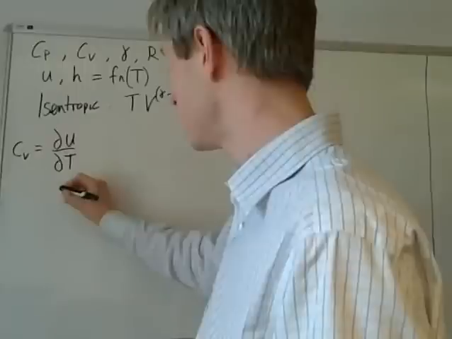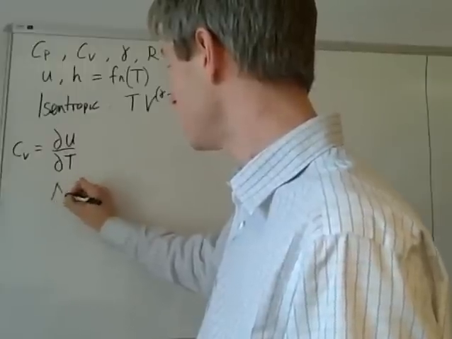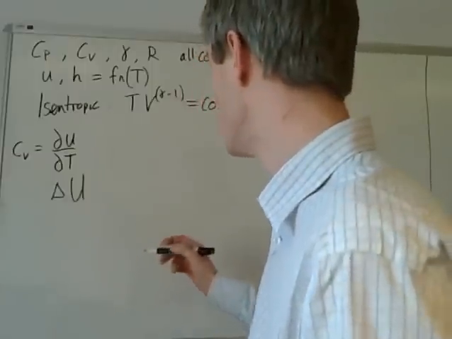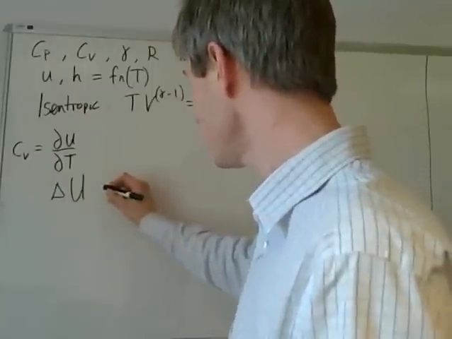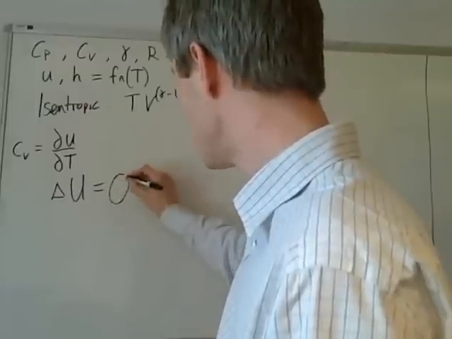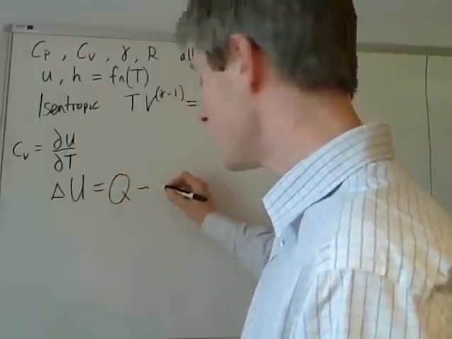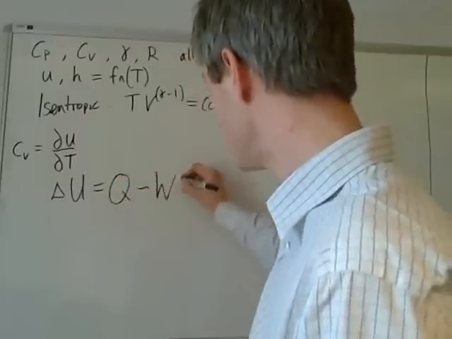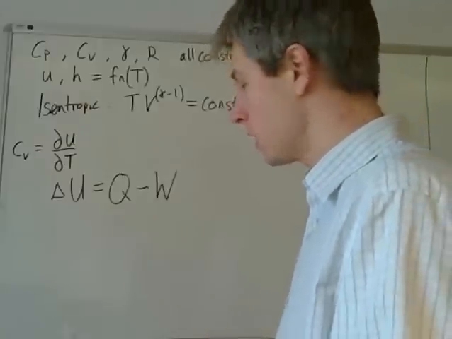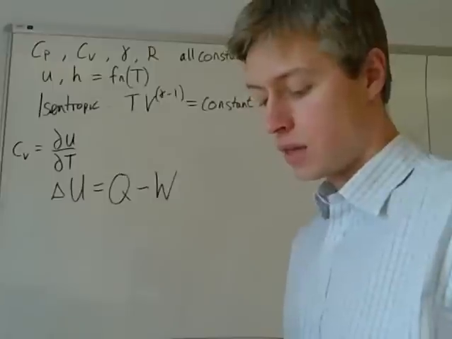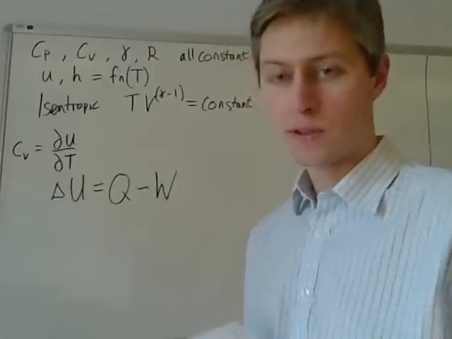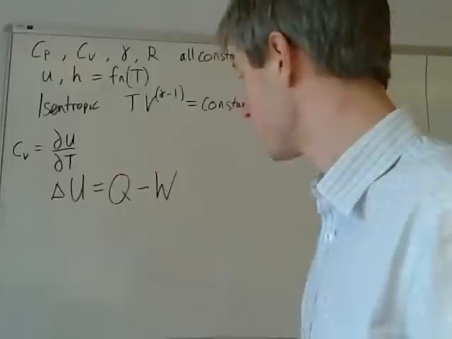So the first law says that delta U, where this is a big U for the total internal energy, is equal to the heat added to the system minus the work done by the system. And we need to be very careful about our sign convention with the first law. In the question we're told that the work done on the gas is 225 kilojoules.